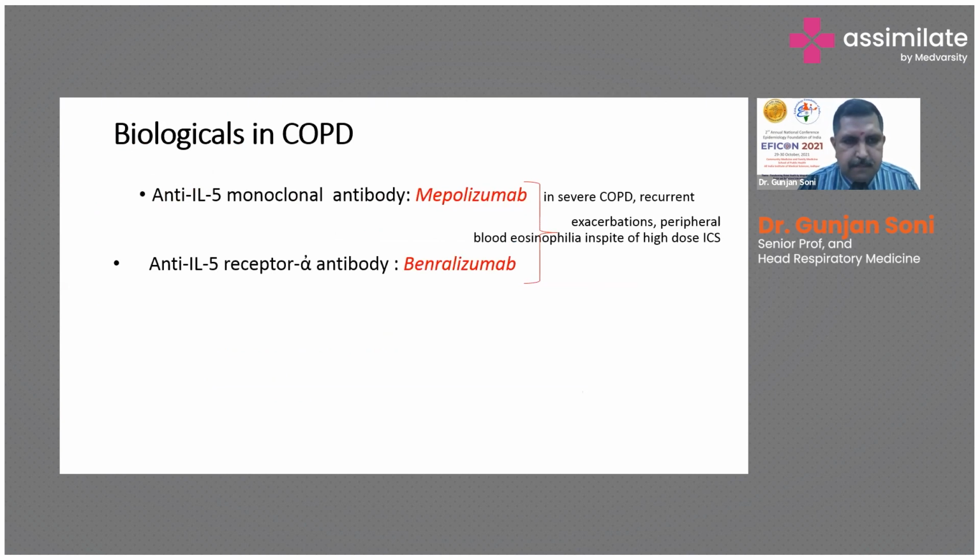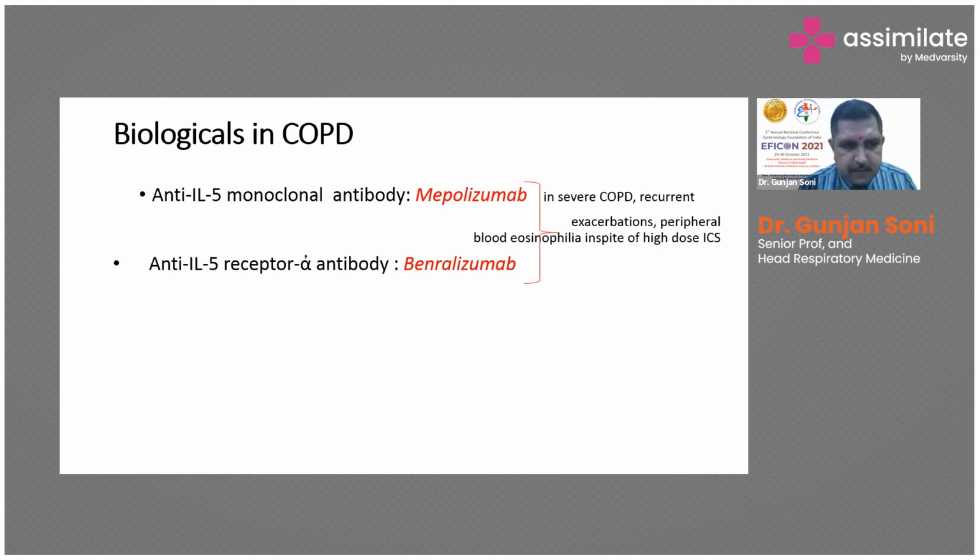What is the role of biologicals in the COPD? We have anti-interleukin 5 monoclonal antibodies, mepolizumab, which can be used in the patient of COPD, and in those patients there is a peripheral blood eosinophilia in spite of the high doses of the ICS.